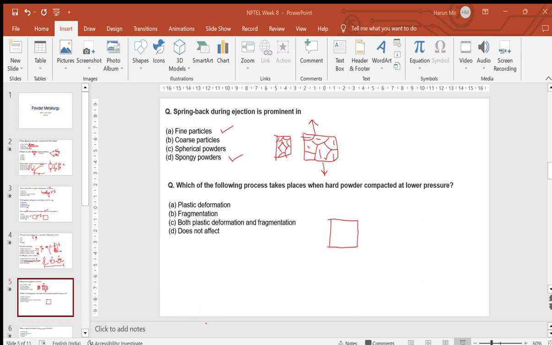This is pi d raised to power 4 divided by 128 L multiplied by L divided by W t cube.